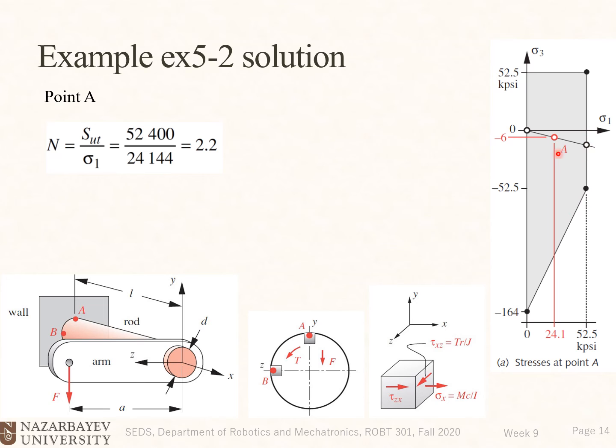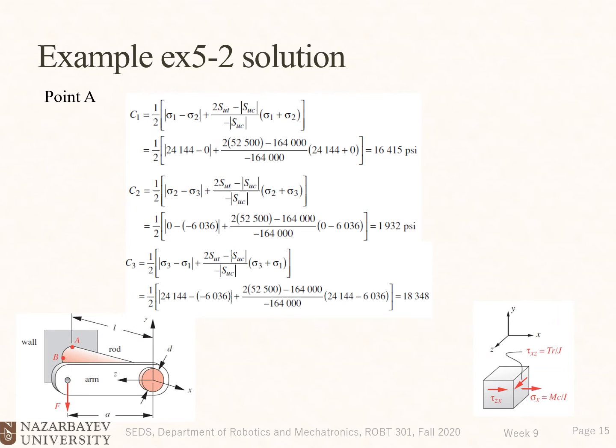So now we could easily use this formula: N is equal to SUT divided by sigma 1. But we could also use the effective stress.